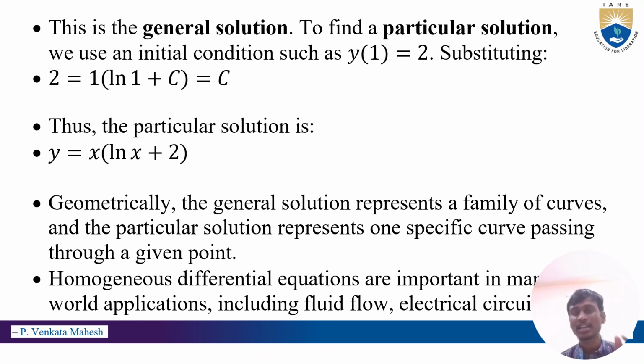But when we take a boundary or an initial condition, we find that the value of c is equal to 2. After getting the value of c equal to 2, the particular solution we got is y is equal to x into (ln x plus 2).